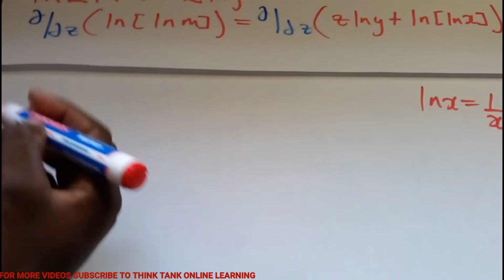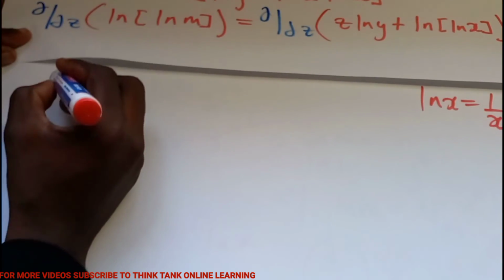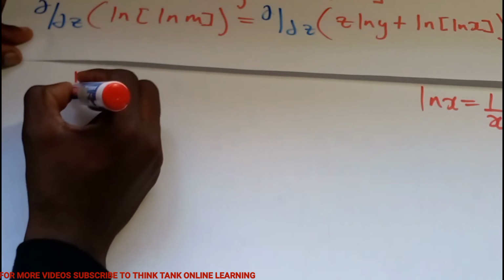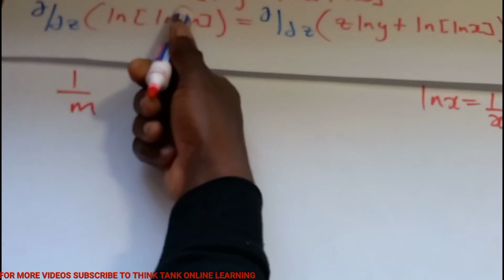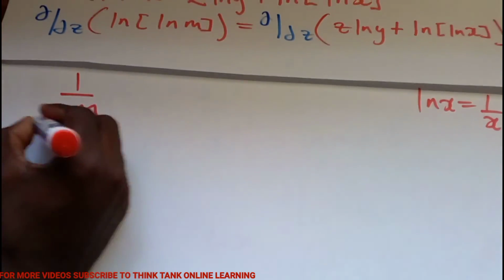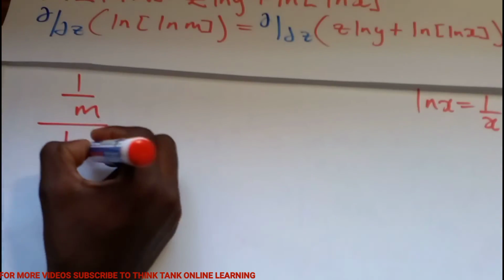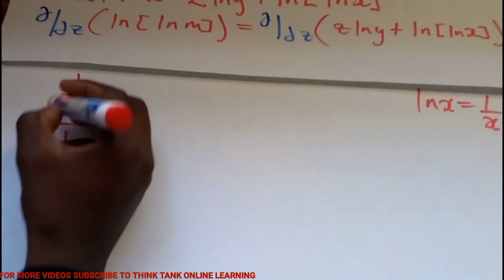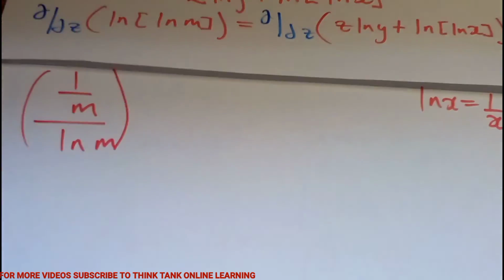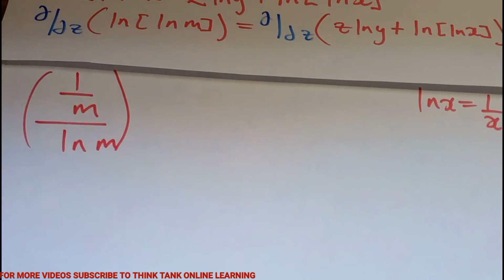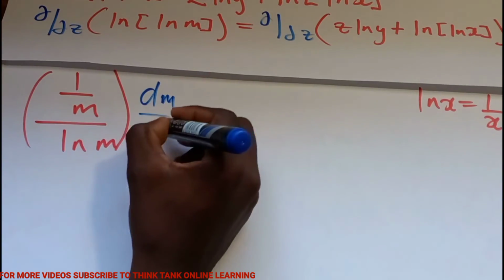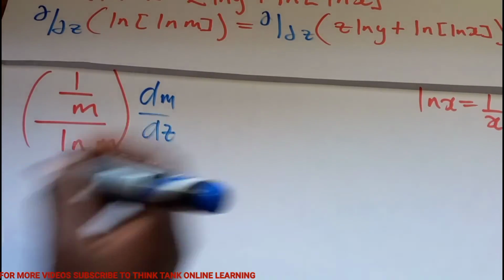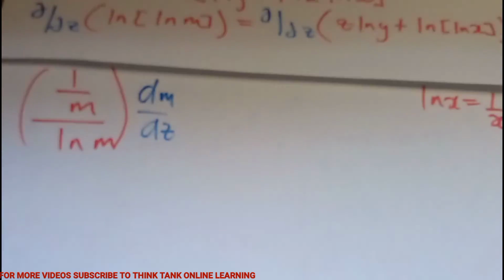So we're going to say 1 over m, that is the derivative of ln m, over ln m, and remember that it's implicit differentiation, so dm/dz.